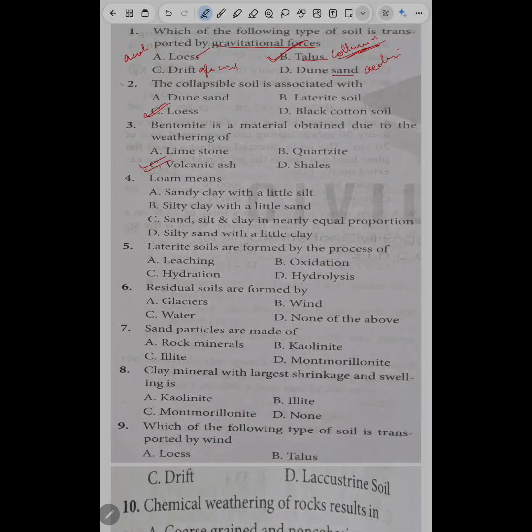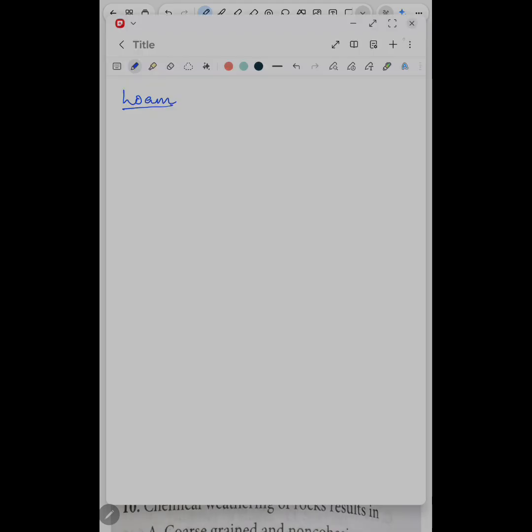The fourth question, loam means. We say varved clay, isn't it? Varved clay is a combination of alternate layers of silt and clay. So another name of loamy soil is garden soil.